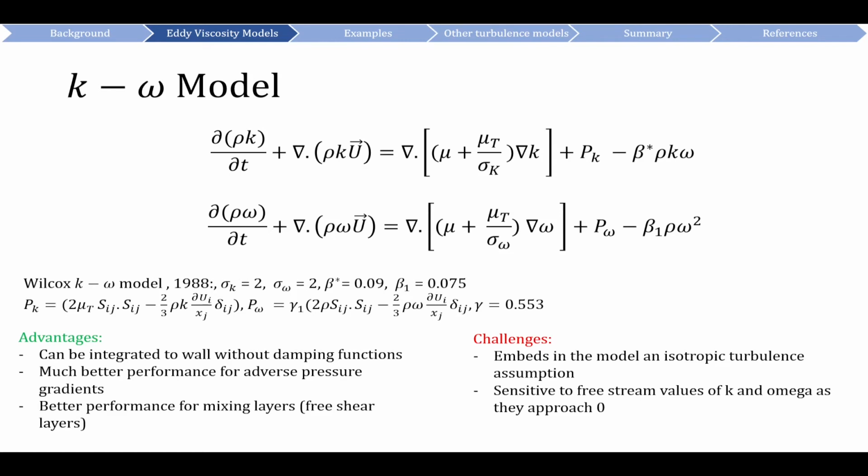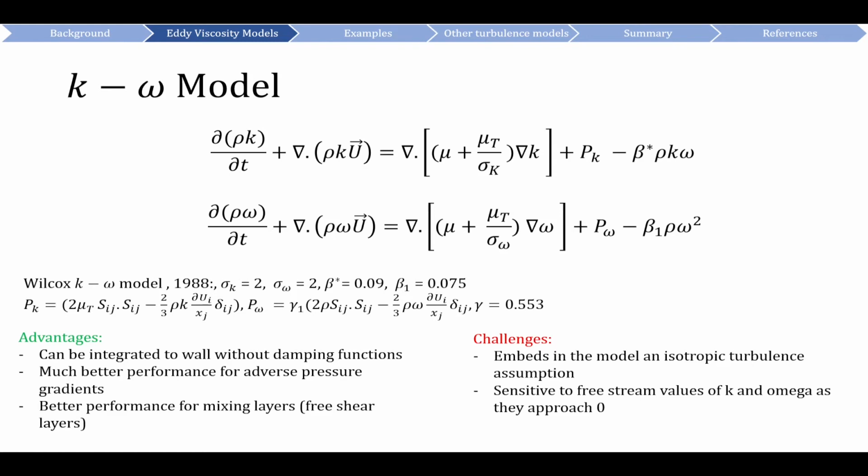Some challenges with this are that it embeds in it again the assumption of isotropic turbulence, and also what's been shown with this model is that it's very sensitive to free stream values of K and omega. What this means is, at the very start of a simulation that you might do in software such as ANSYS, you specify turbulence intensity at the inlet, and this model is quite sensitive to what values you provide for K and omega, or in general just the turbulence at the inlet.